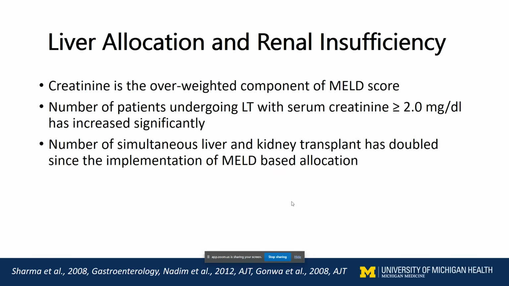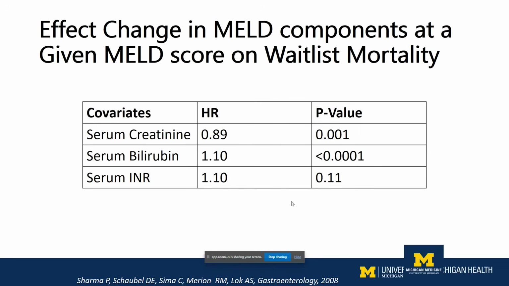So now, liver allocation and renal insufficiency. We know that serum creatinine is one of the components of the MELD score, and it is one of the overweighted components of the MELD score. So we showed that if we have two patients with the same MELD score, and you change their creatinine, every unit increase in creatinine, keeping the serum bilirubin and INR the same, had 11% lower risk of waitlist mortality.